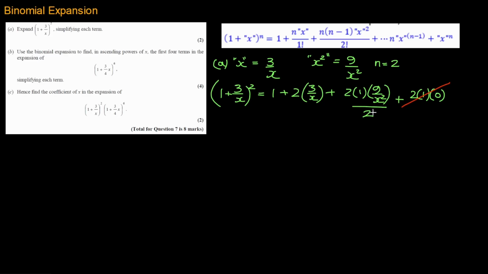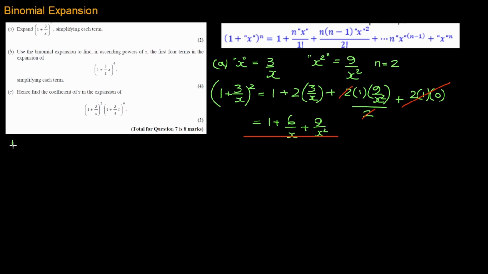Right, it's now a matter of simplification. This 2 will cancel with this 2. So I get 1 plus 2 times 3 over x is 6 over x, plus what we're left with is simply 9 over x squared. And that will be your answer to part A.